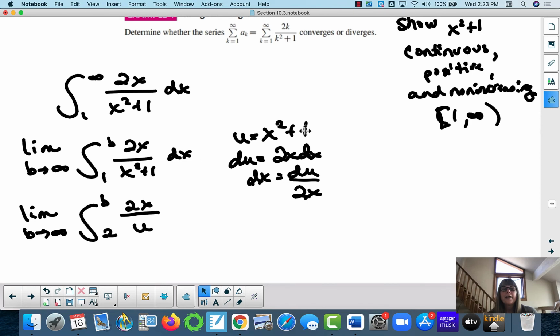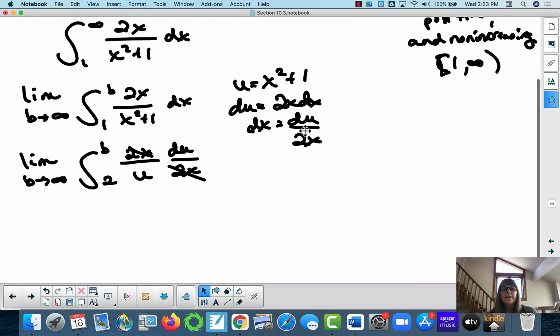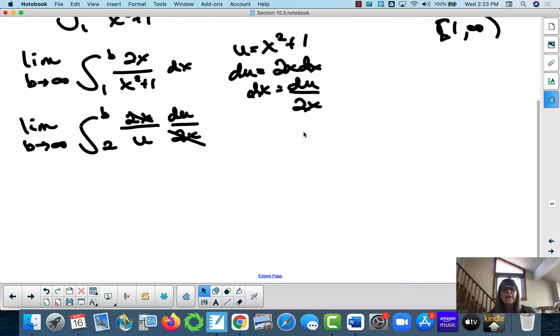This was u, and dx is du over 2x, so the 2x's cancel. I get du over u, which is the natural log function. So I end up with the limit as b approaches infinity of the natural log of u evaluated at b and at 2.